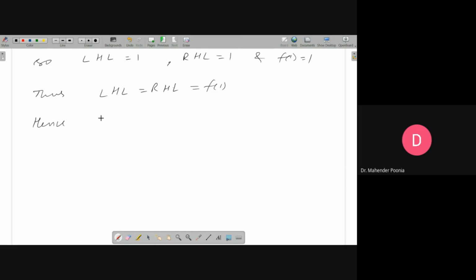Hence, f(x) is a continuous function at x is equal to 1. Clear? These are some questions on continuity. In tomorrow's lecture, we will discuss the differentiation of the function.